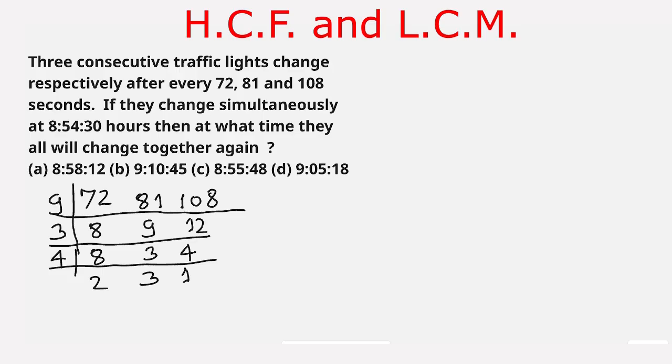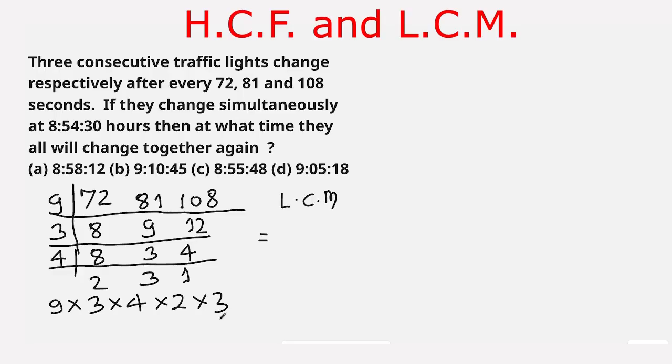Now our LCM is multiplication of the numbers 9, 3, 4, 2, 3 and 1. So LCM will be 9 multiplied by 3 multiplied by 4 multiplied by 2 multiplied by 3.